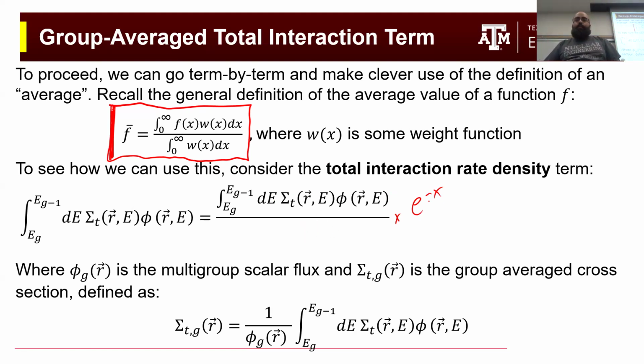So the thing that you would want to write is what if we multiply top and bottom by this integral, by the integral from E_g to E_{g-1} of my energy dependent flux. I'm going to divide by the integral of my energy dependent flux from E_g to E_{g-1}, and I'm going to multiply by that same thing.